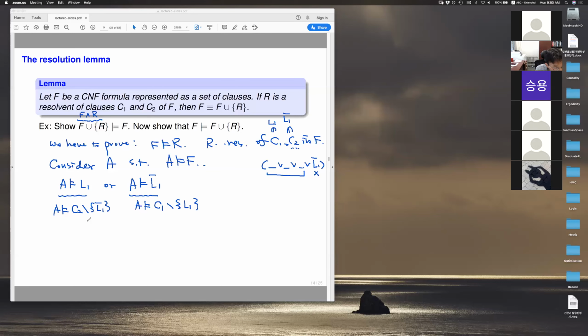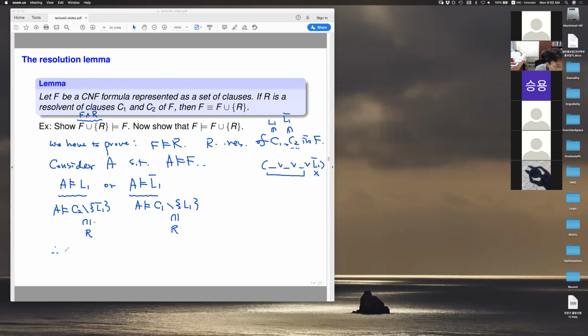So in this case, A satisfies C2 minus L1 bar, but what we know is that this is a subset of the resolvent R, because R is obtained from C1 and C2 after cancellation. This one describes the cancellation. The same way, in the second case, this one belongs to R. This subset relationship means that R has more disjuncts.